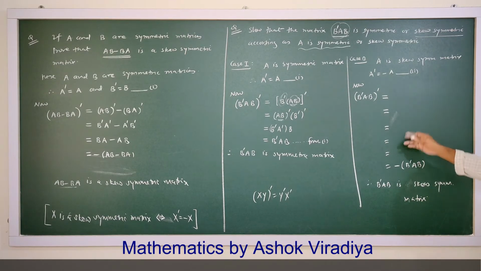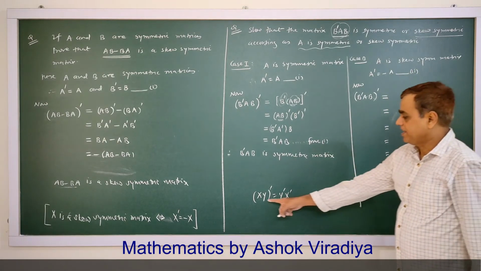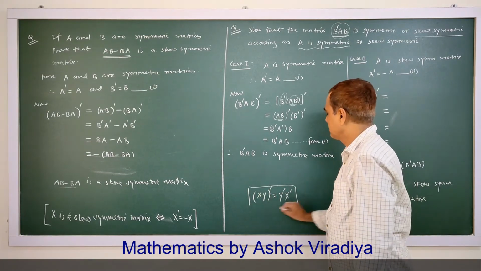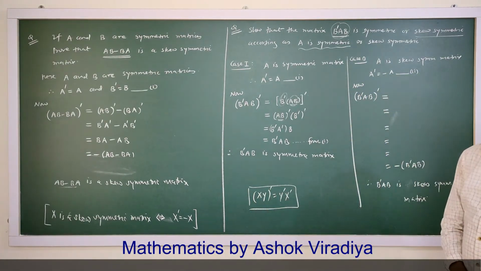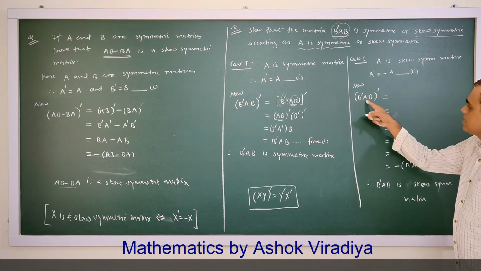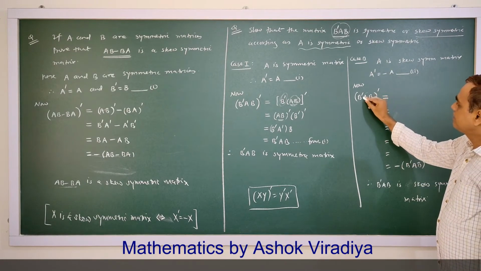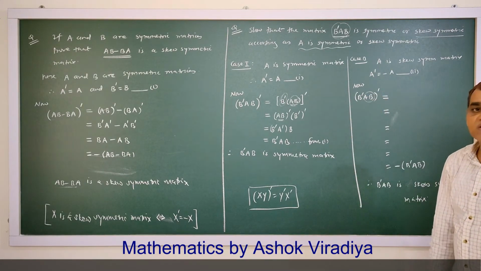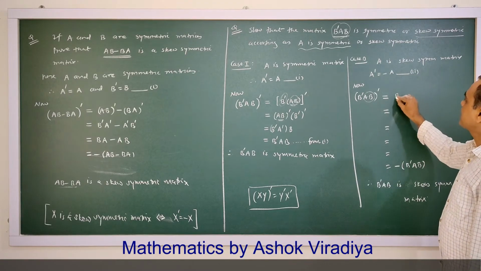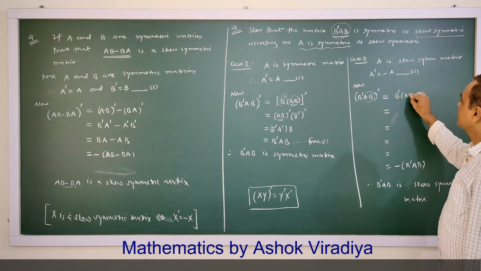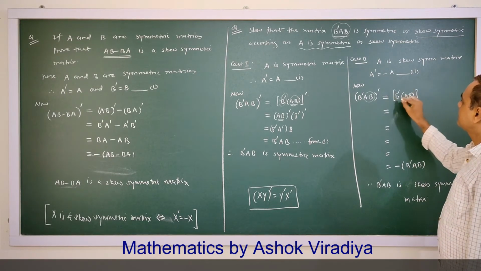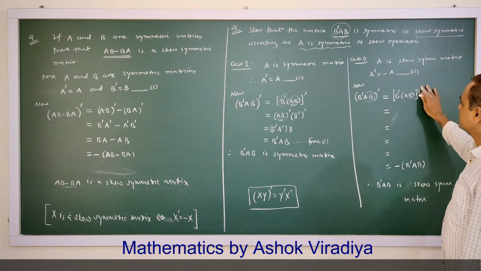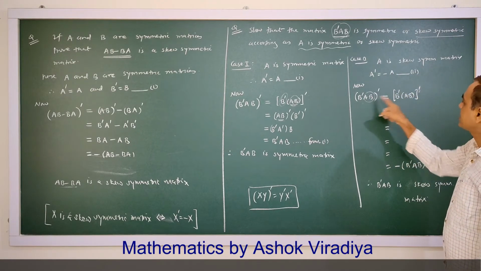In this proof, we will use this result as well as this property. Again, I am keeping the association of AB. So the transpose of B dash into AB.